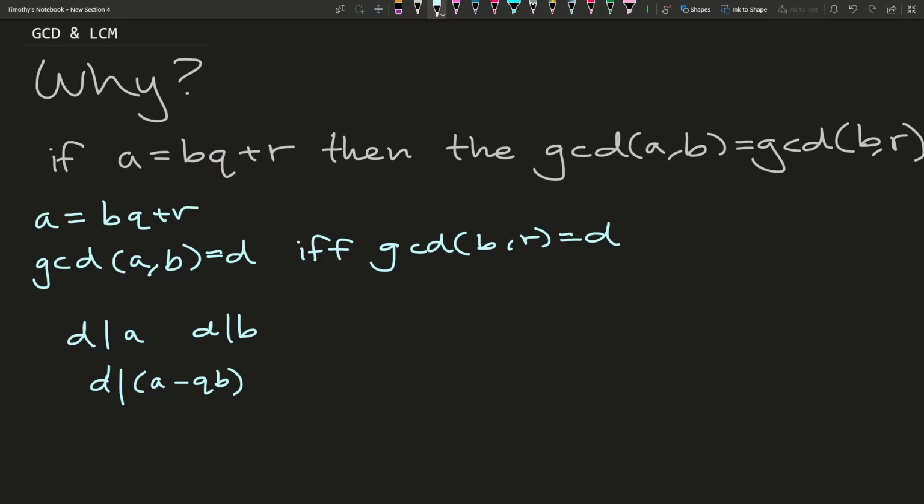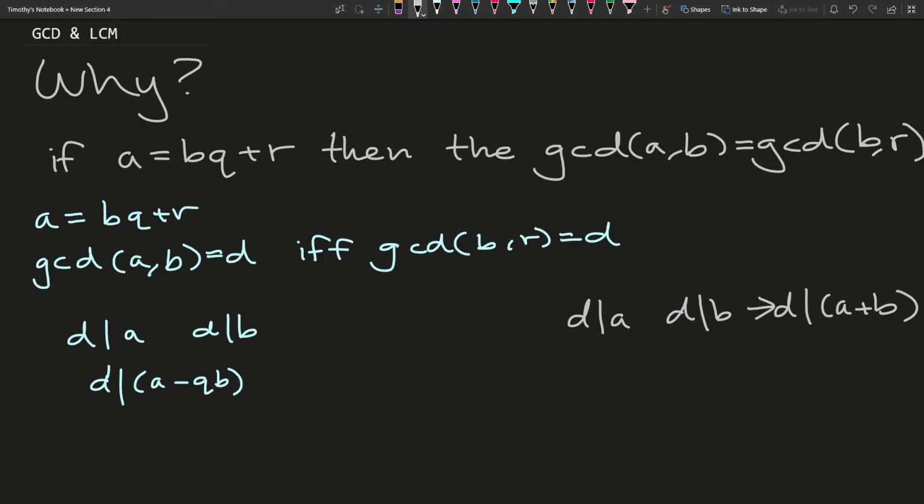You can prove this on your own time, but I'll give you a few little steps to understand why this works. We can basically come to this conclusion by noticing first, if D divides A and D divides B, then D divides A plus B. It's not too hard to prove.